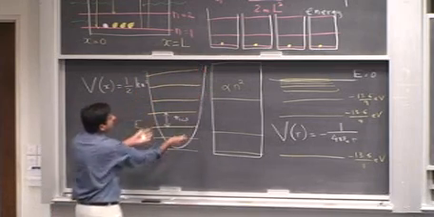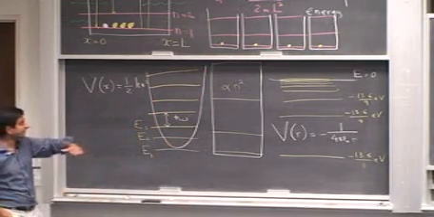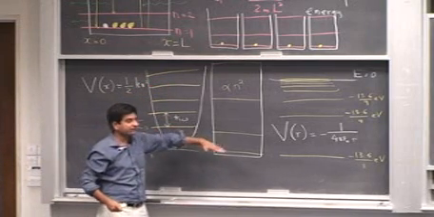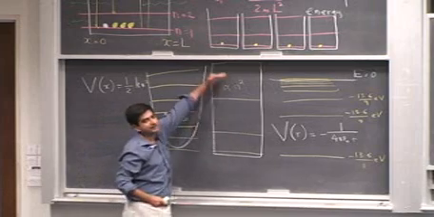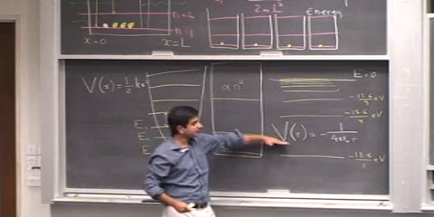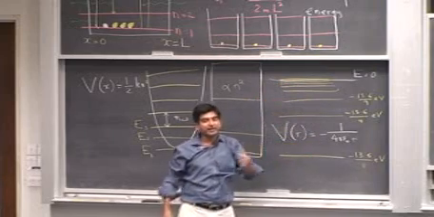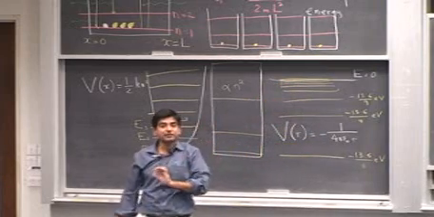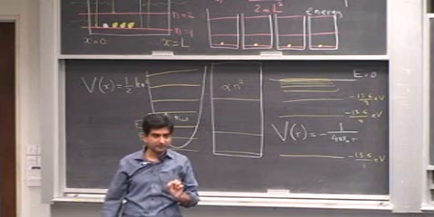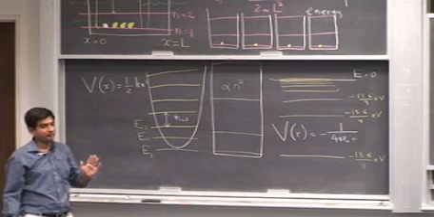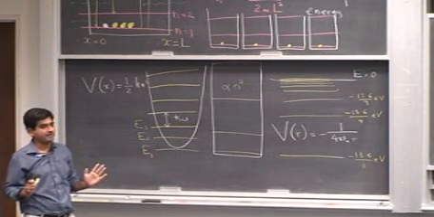If you use this potential energy function and put it into the Schrödinger equation, you will get equally spaced levels. If you use the infinite potential well, you will get these levels. If you use the potential energy function for the hydrogen atom, you will get energy levels that are spaced like this. So it is the one equation, the Schrödinger equation, that tells you how to find those energy levels. The energy levels tend to be quantized whenever you confine the system.